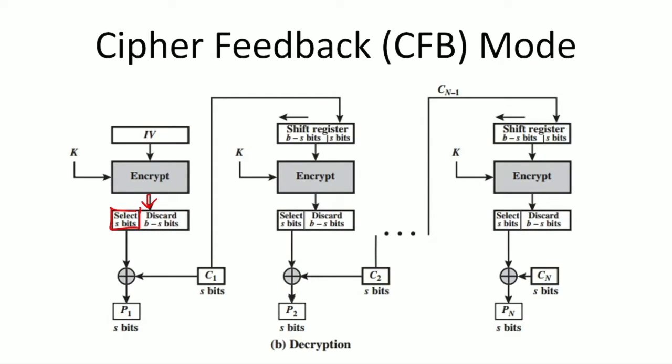And these key bits will then be XORed with the first ciphertext block to give our first plaintext block. And so, because in the encryption process we fed back the ciphertext of each block to the next iteration, we're going to do the same thing here.